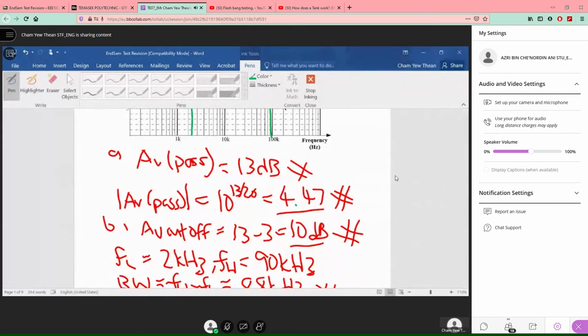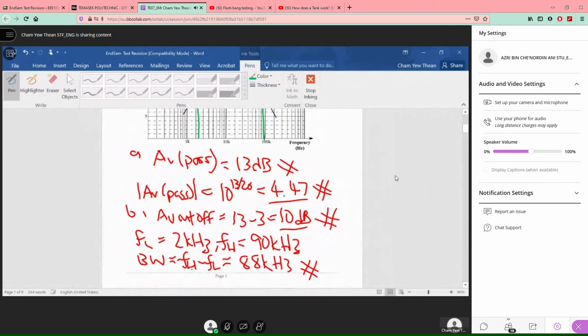I hope you can see my ugly handwriting. FL is 2K if you read from the graph, and your FH is 90 kilohertz. So what is the bandwidth? The working is FH minus FL, 90 minus 2, so it's 88 kilohertz. I hope everybody got that right. Jeannie, you got that right also? Yeah, got it.